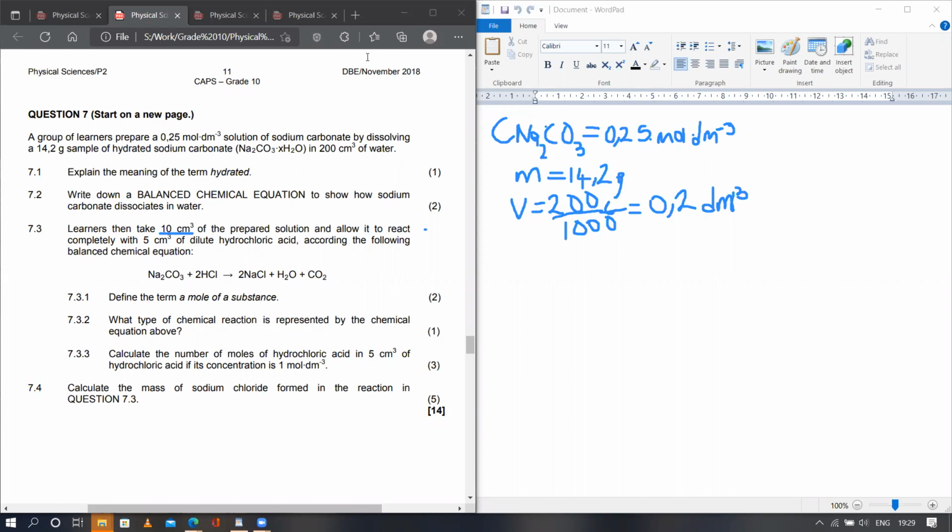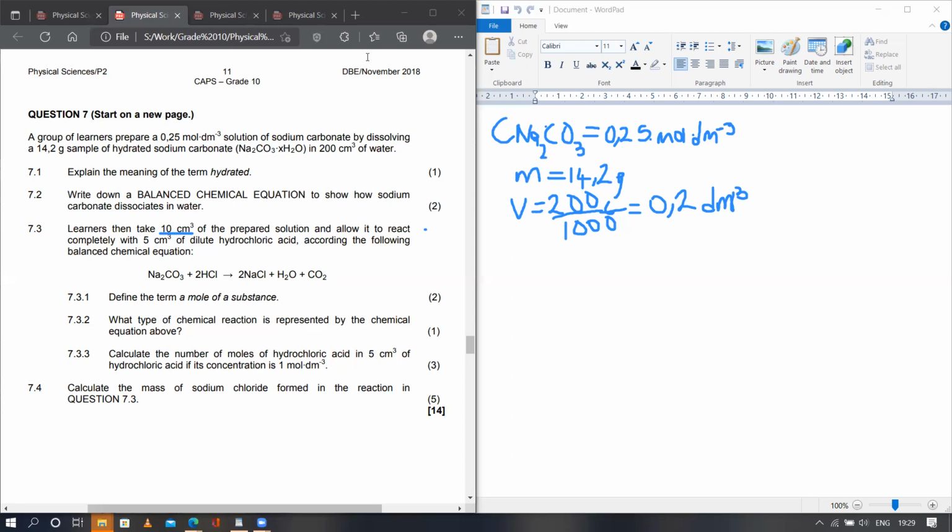This is an acid-base reaction, because sodium carbonate is a base and hydrochloric acid is an acid. So do you understand that? To convert the cubic centimeters, I also wanted to convert them first, but you just divide them by 1,000.